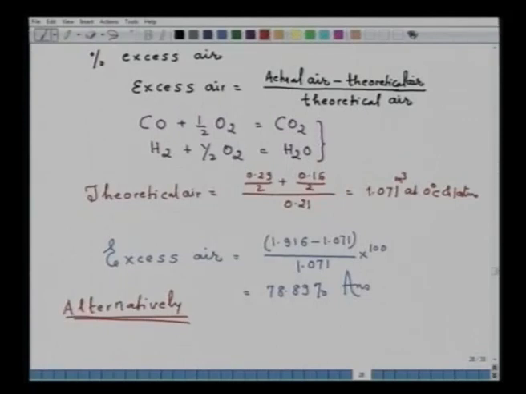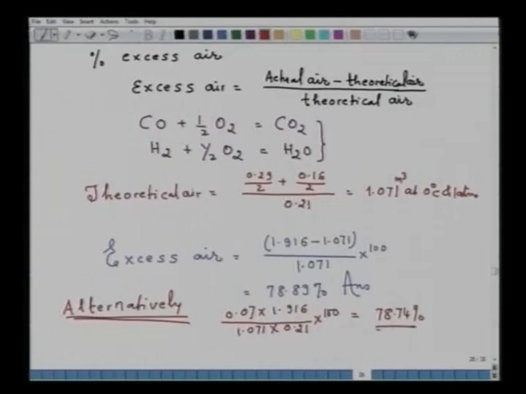So, alternatively the excess air can be calculated from 0.07, the fraction of oxygen, into 1.916, the volume of POC. If you divide it by 1.071, the volume of theoretical air, you have to find out the theoretical oxygen, so multiply by 0.21 and multiply by 100.